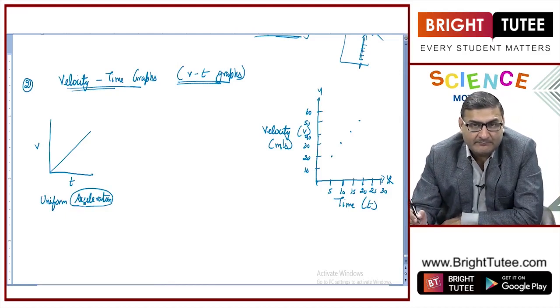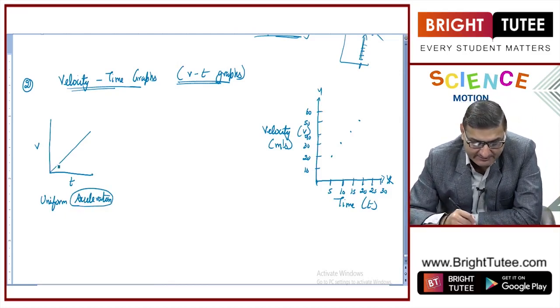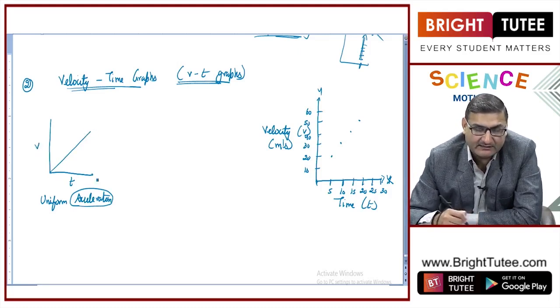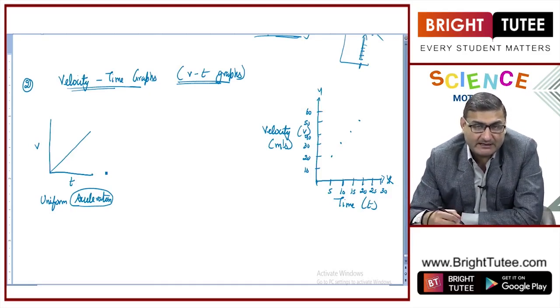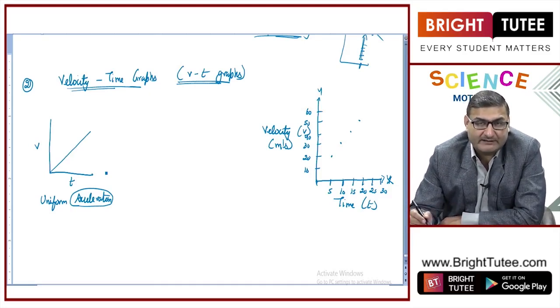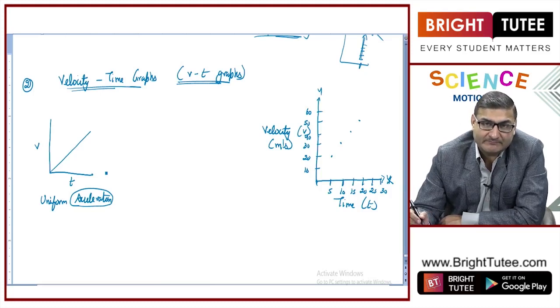Why important? Because if the same straight line we had got in the distance time graph rather than the velocity time graph, it would have represented uniform speed or uniform motion. But here in the VT graph, it represents uniform acceleration, correct.